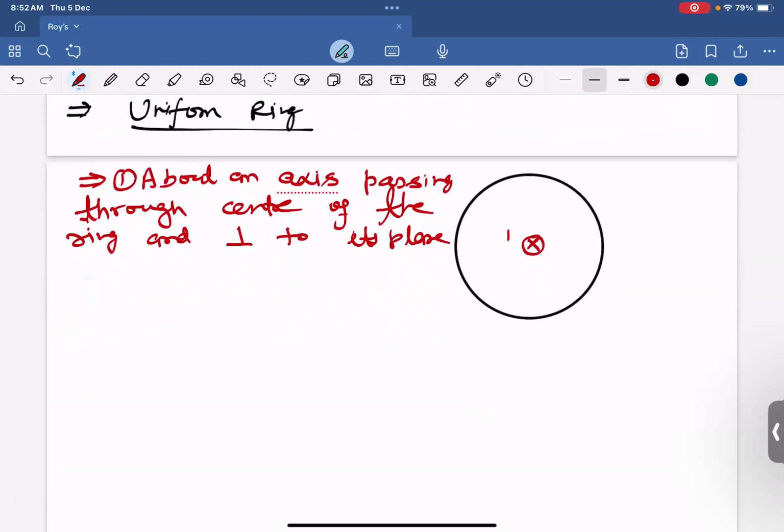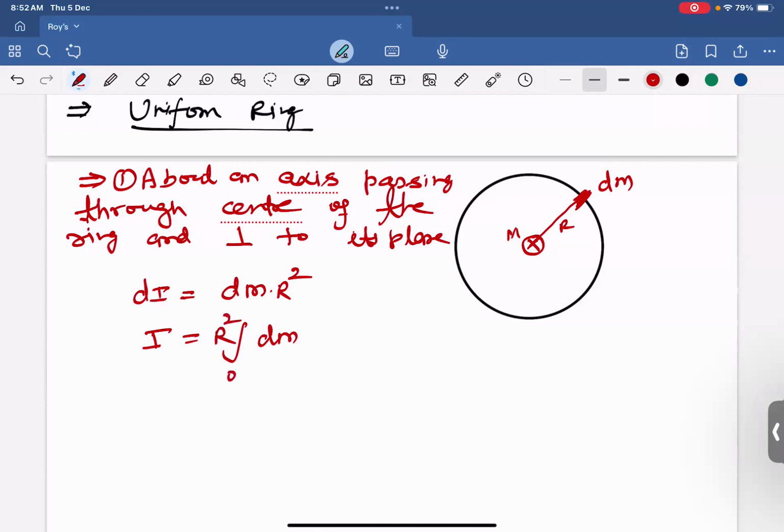If the total mass is m, let's take the radius as r. You can take a small element dm, at distance r. So dI is going to be dm into r square. Now r is constant here, so if you integrate I, it becomes only the integration of dm, because r square is constant.